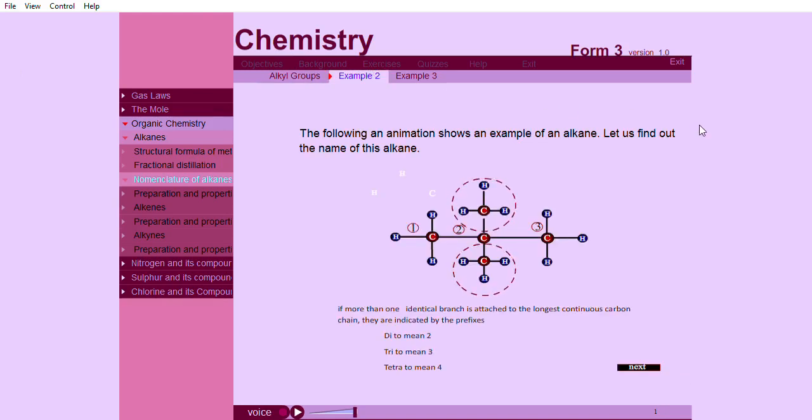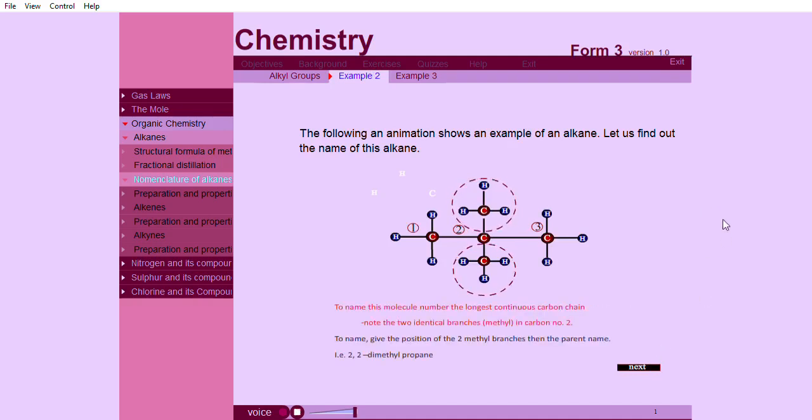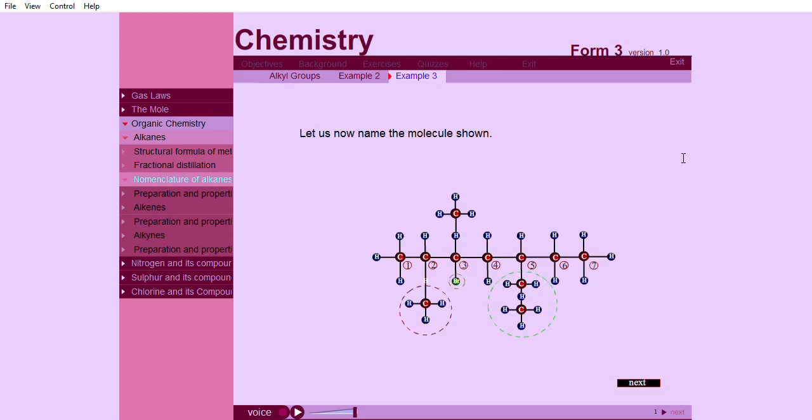The following animation shows an example of an alkane. Let us find out the name of this alkane. Let us name the molecule shown.